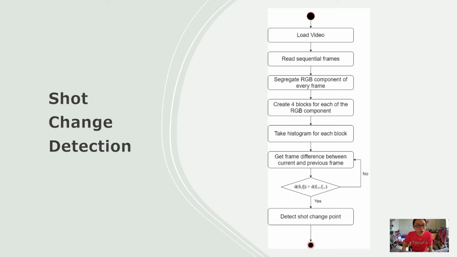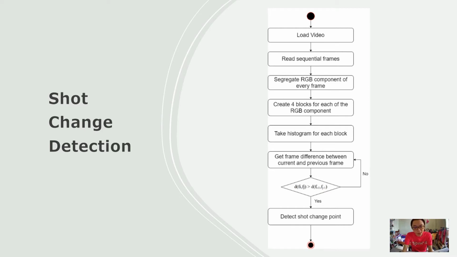For shot change detection, since a scene is comprised of one or many shots, each shot needs to be identified. Shot change detection is used to determine shot boundaries using color histogram. After the video is loaded, sequential frames are read to segregate the RGB components of every frame.